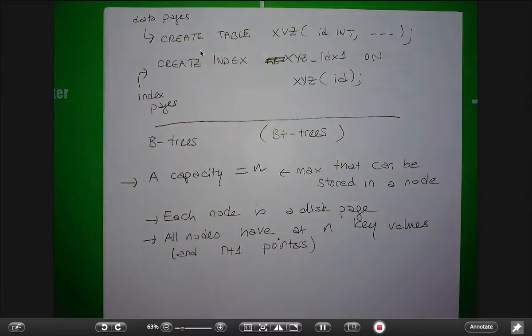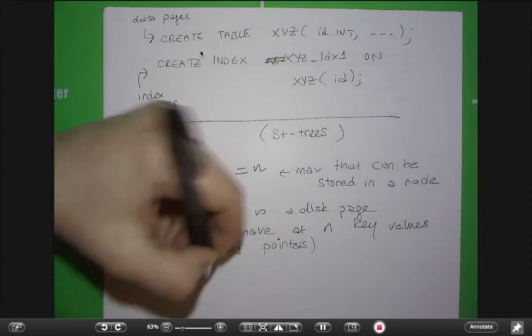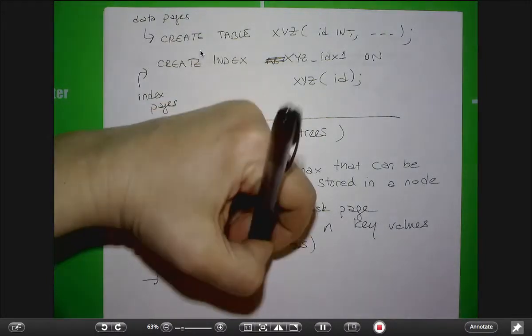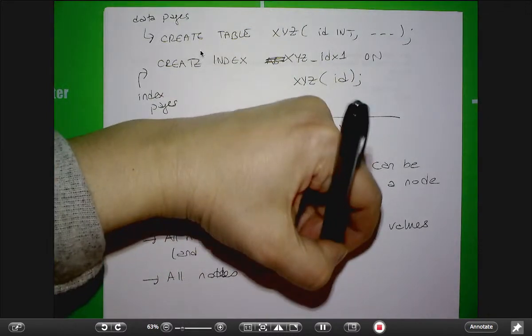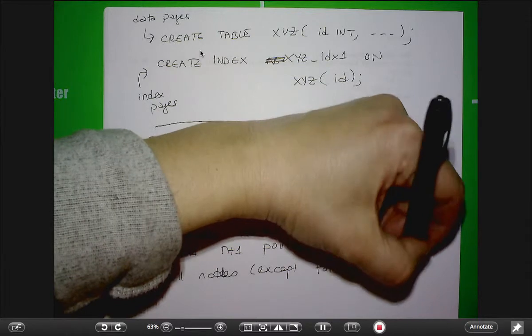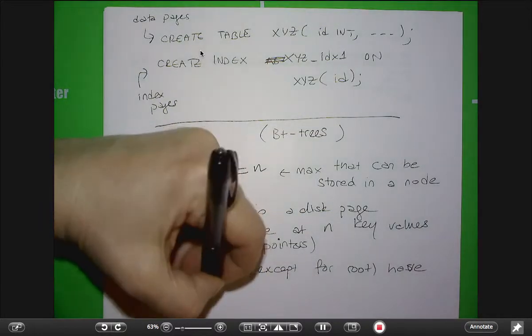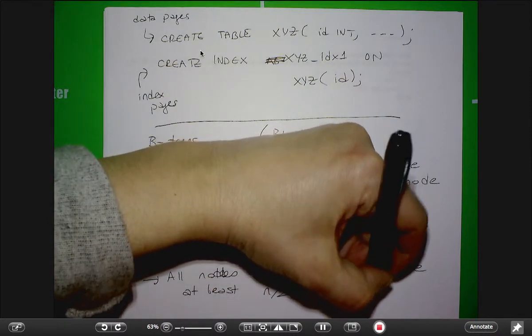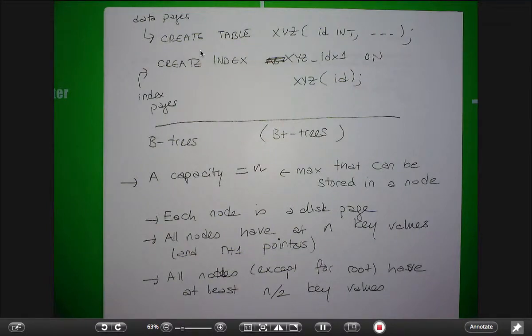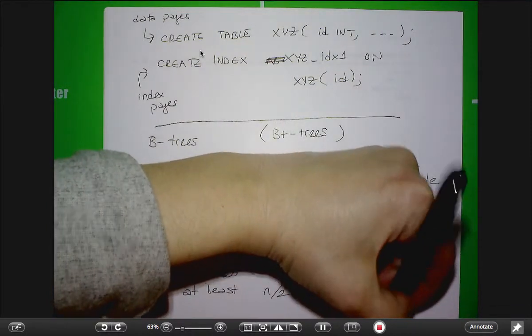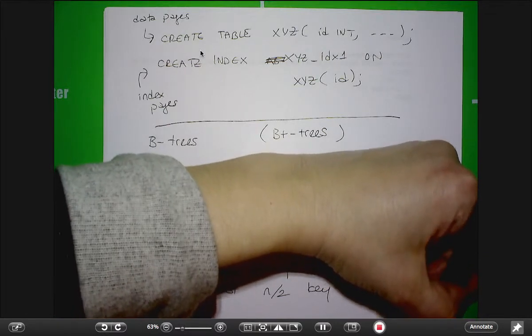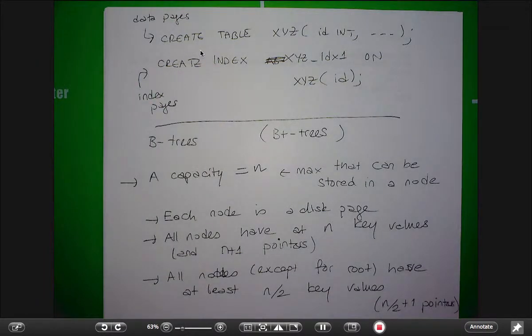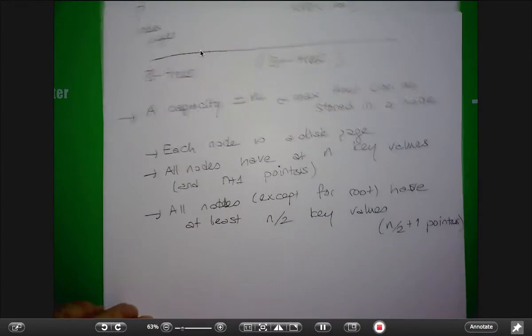Okay. And all nodes except for the root have at least n over 2 key values. Okay, so that means n over 2 plus 1 pointers. The only exception is the root.